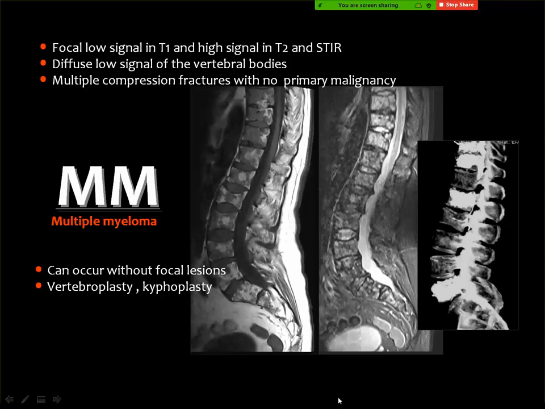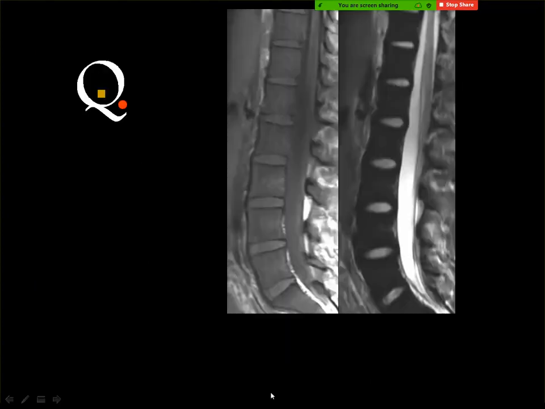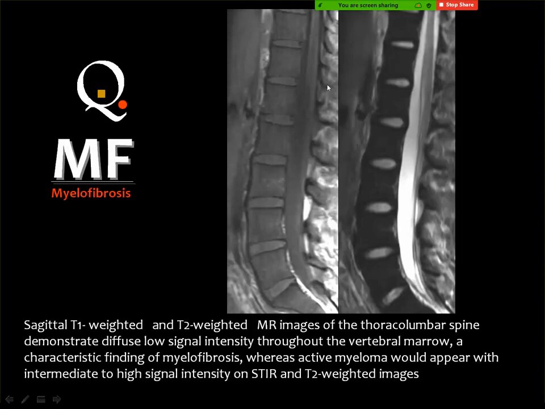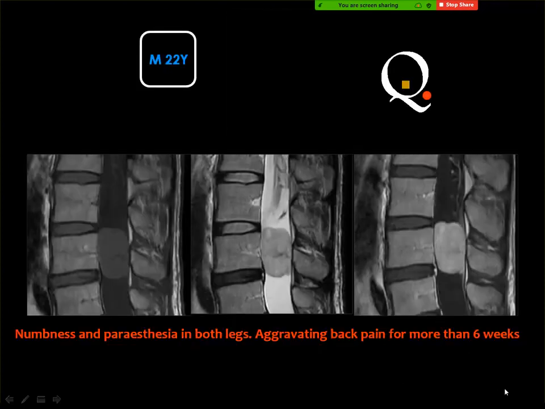In the CT scan, you may see only some osteoporotic changes, and this patient had multiple levels of vertebroplasty. And this is myelofibrosis. The bone marrow is homogeneously black in the T1 and T2 weighted images, diagnostic of myelofibrosis. Next case.